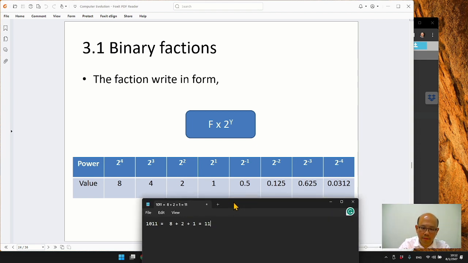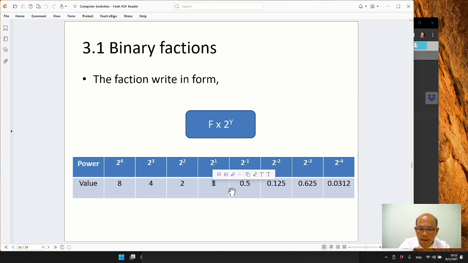When you write a binary number, after the point you write the digits on the right-hand side with weights 2 power minus 1, 2 power minus 2, 2 power minus 3, and 2 power minus 4.